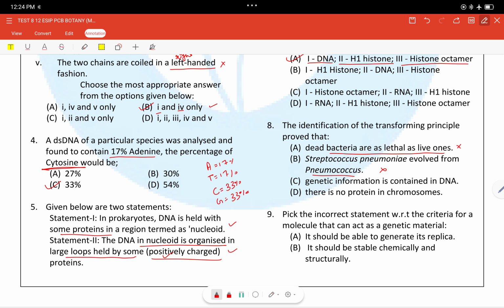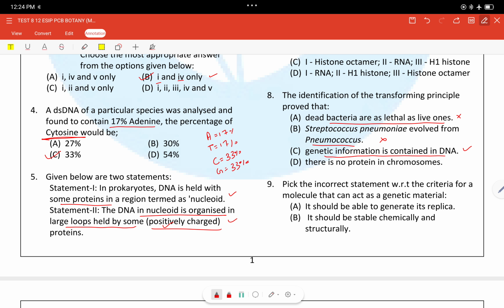It is also incorrect. Genetic information is contained in RNA. Actually, transforming principle was performed to identify the exact genetic material, and genetic material is DNA. That experiment was performed to explain that only. But unequivocal proof that DNA is the genetic material was provided by Hershey and Chase. So answer is C. Genetic material is contained in DNA.